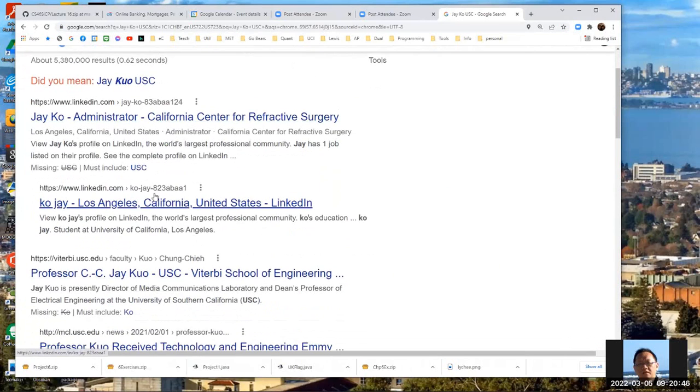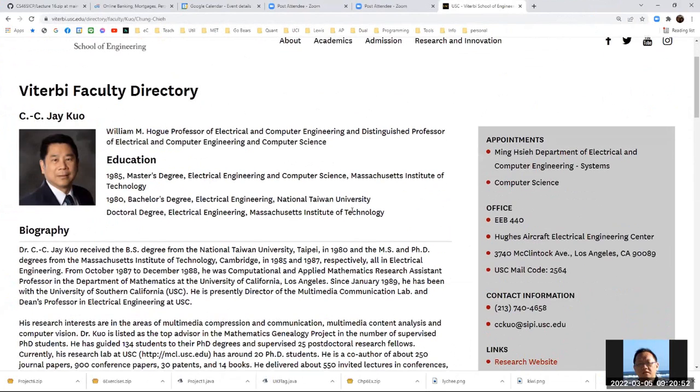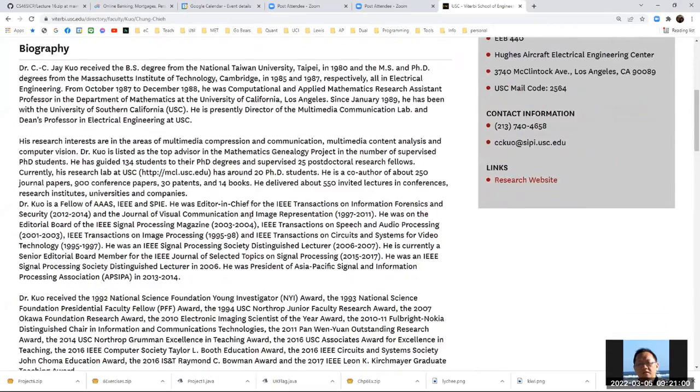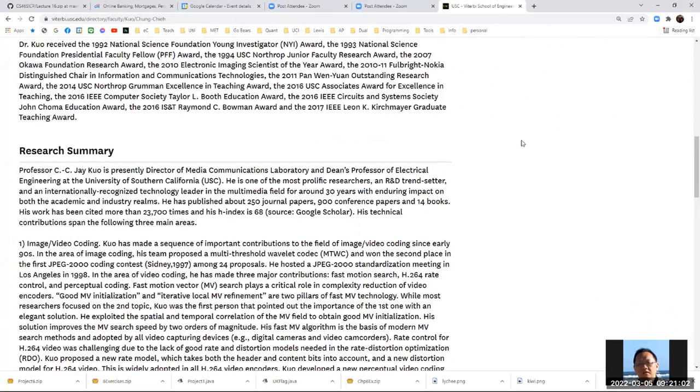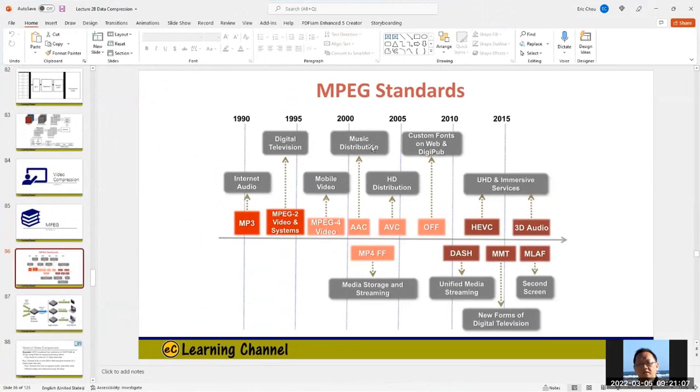He actually won some IEEE medal for this. He's an inventor and the early pioneer in this MPEG group. So if you are interested, you can read his information.